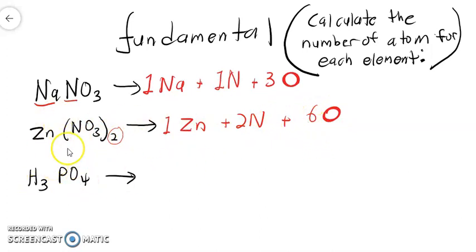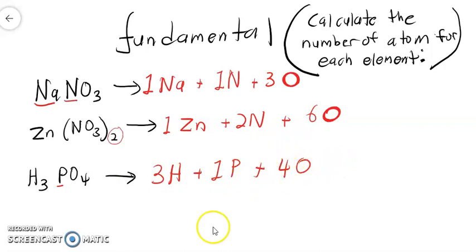Now look at the third one. Hydrogen you have 3. This is phosphorus. Phosphorus you have only 1, and then oxygen you have 4. Now let's say I add a number. I add a number over here.